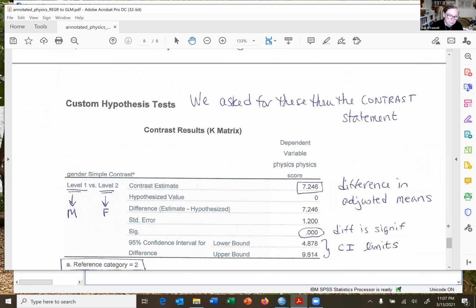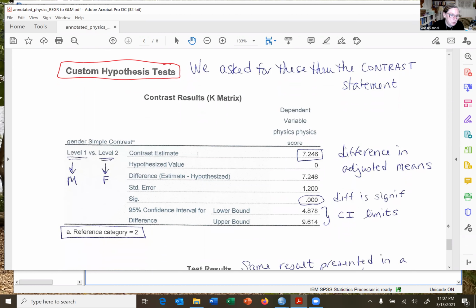Now on the last page, we get what are called custom hypothesis tests. These will only appear when we have a factor included in our model. That means that we've identified a variable as categorical, strictly categorical, using that by statement. And this is corresponding to what we requested, which were simple contrasts.